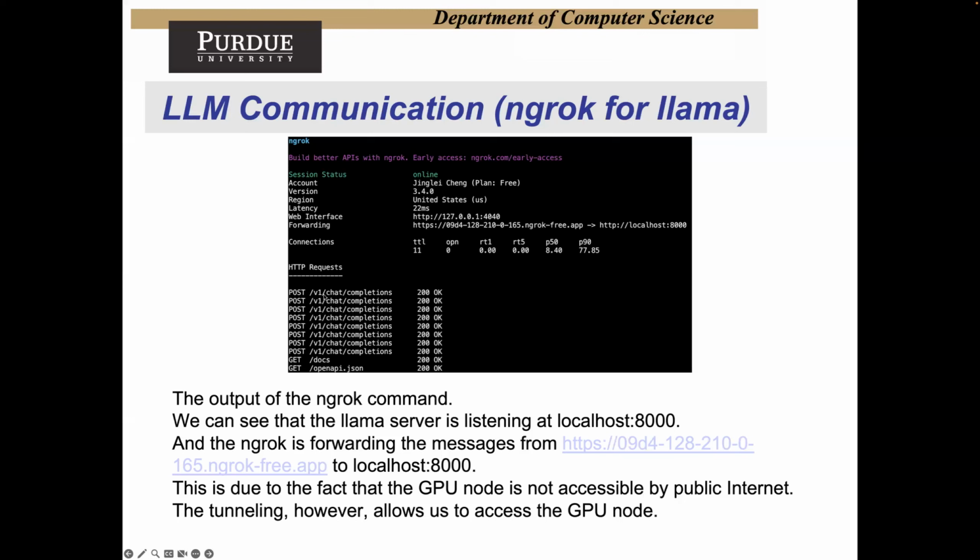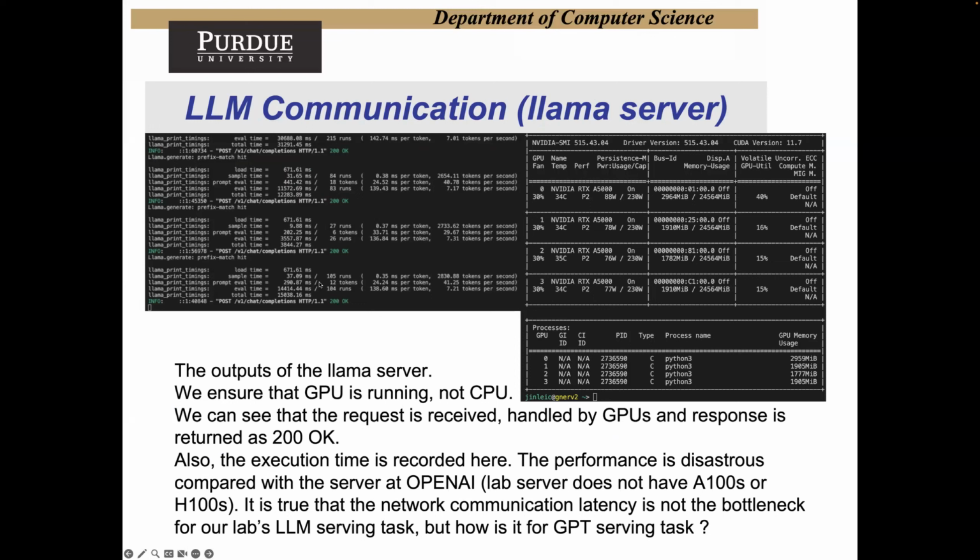And we noticed that we changed the new design to the Llama server because we think it might be faster than the OpenAI server. And we make sure that the Llama server is running on GPUs instead of CPUs for inference. So displayed here are the outputs for the Llama server.